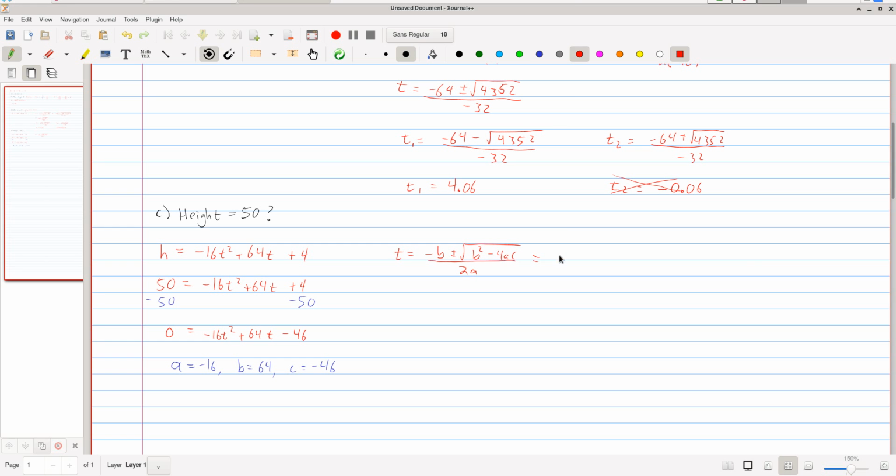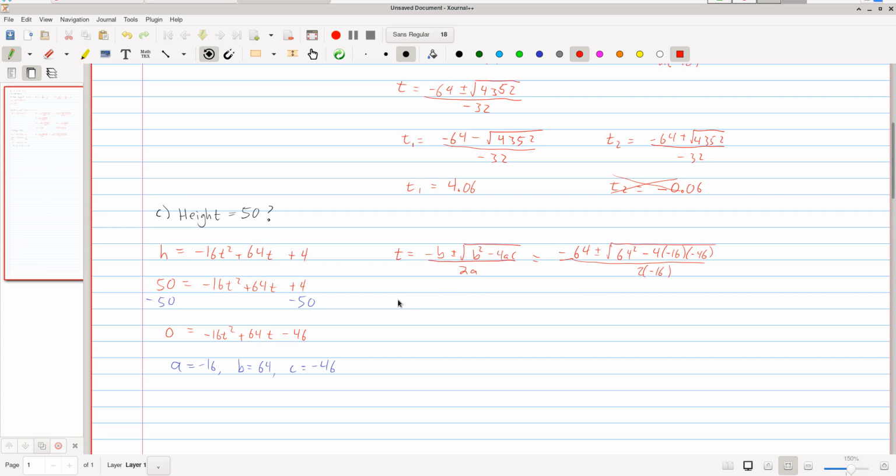Let's plug these into our formula for t. So we've got negative b, negative 64, plus or minus the square root of b squared, so 64 squared, minus 4 times a times c. And this is all divided by 2 times a, and our a value is negative 16.